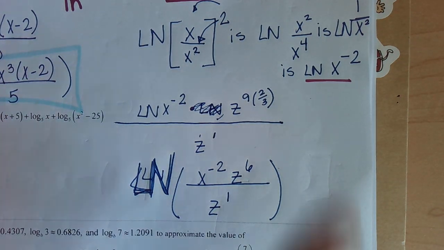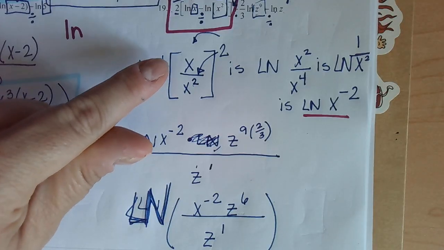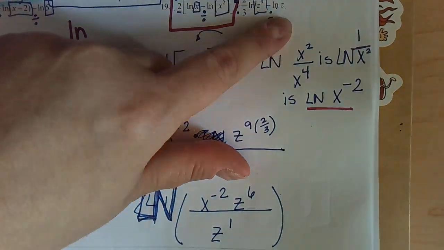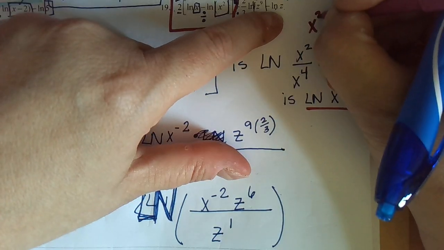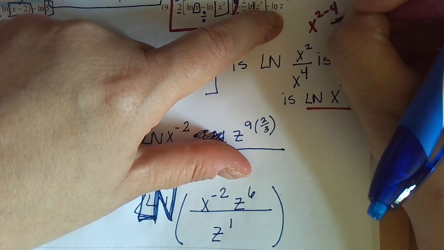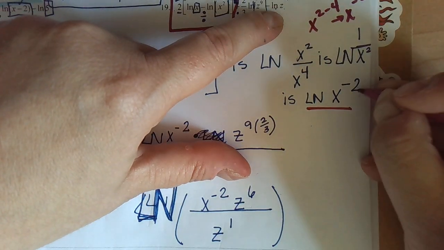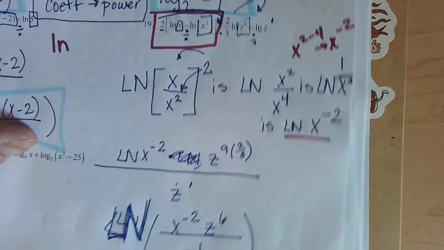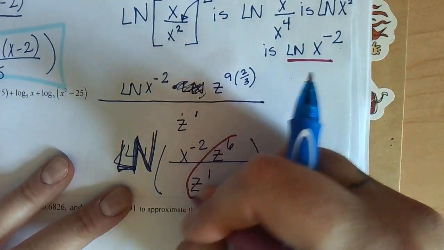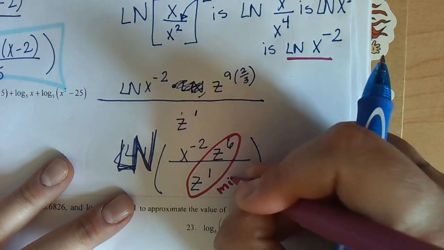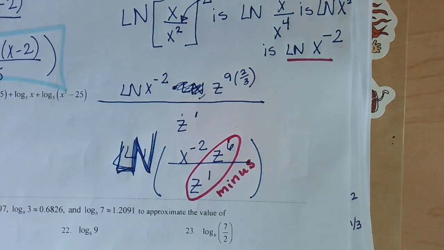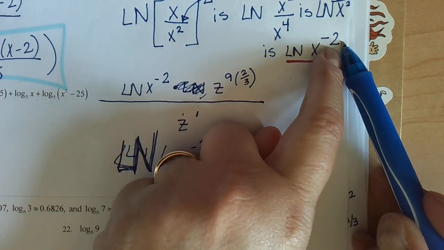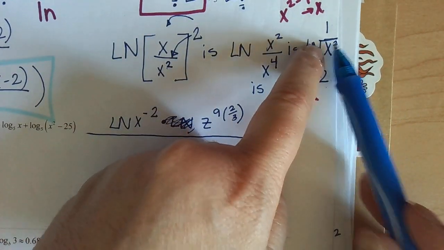Okay, remember that rule we used right here, where we subtracted 2 minus 4 makes x to the negative 2. That's how we got x to the negative 2. We subtracted the exponents. Same thing here. These exponents of the z need to be subtracted. All right. And then remember earlier where I said anything with a negative exponent comes from underneath?